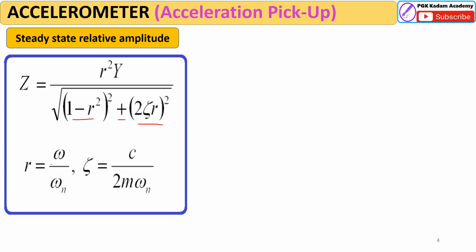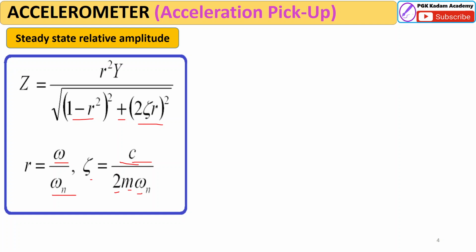What is R? R is the frequency ratio, omega upon omega n. Zeta is the damping ratio, C upon 2 m omega n.